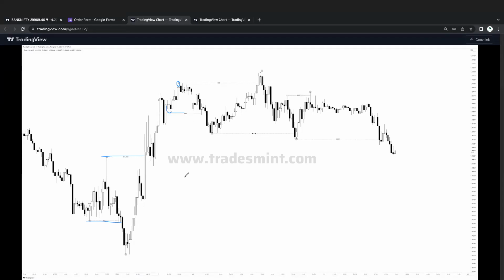Let me show you through a trend. For example, this one. So this first pullback is our inducement. Once the market takes out the inducement, the market continues downside, breaks this low, and this becomes our break of structure. Where is the inducement? The first pullback is here.